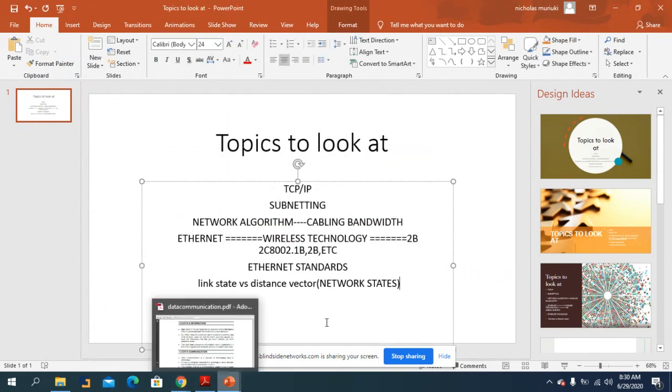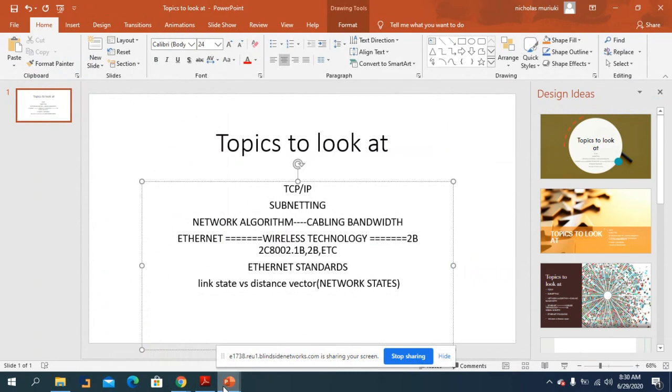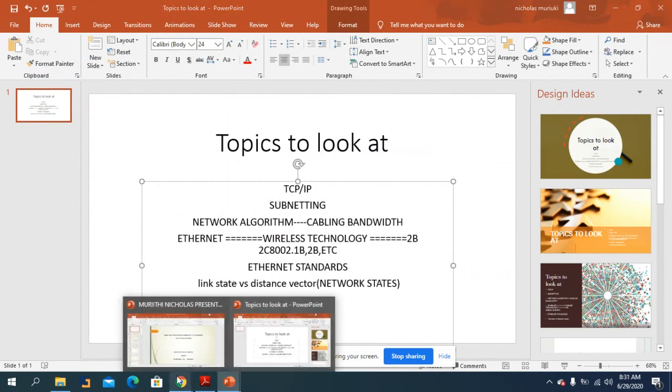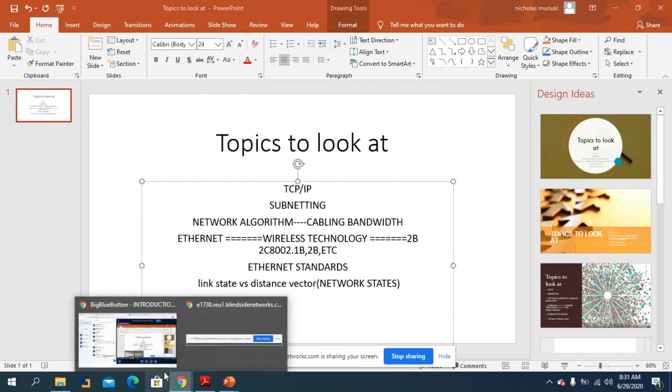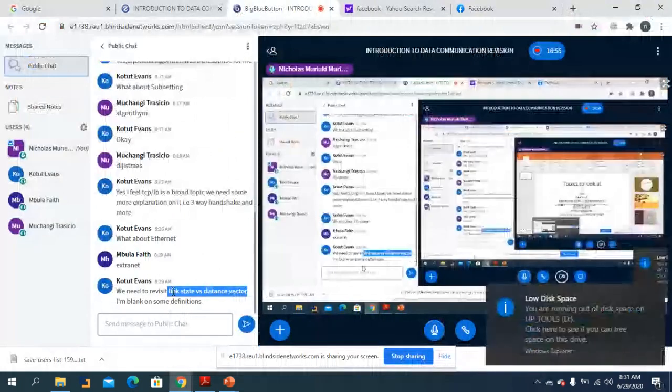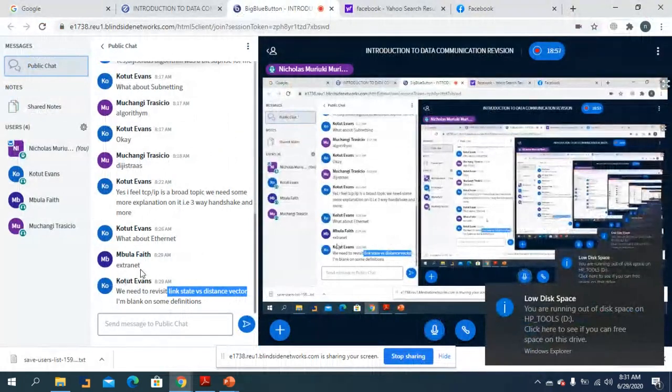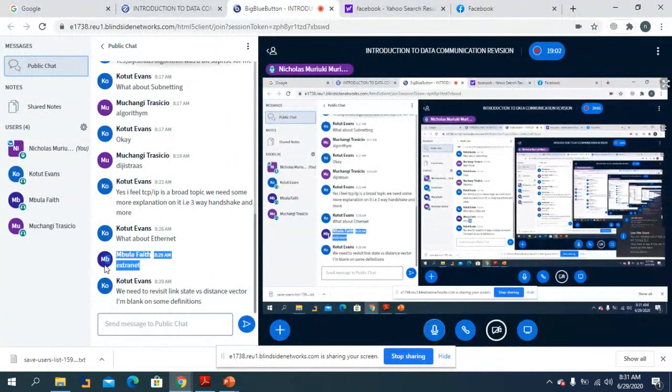The next one that I have seen, maybe Faith is asking, is on Ethernet. So mostly when intranet, sorry, extranet. These are types of networks that we have of internets. We always say that we have two broad types: one is intranet, and the next one is extranet.